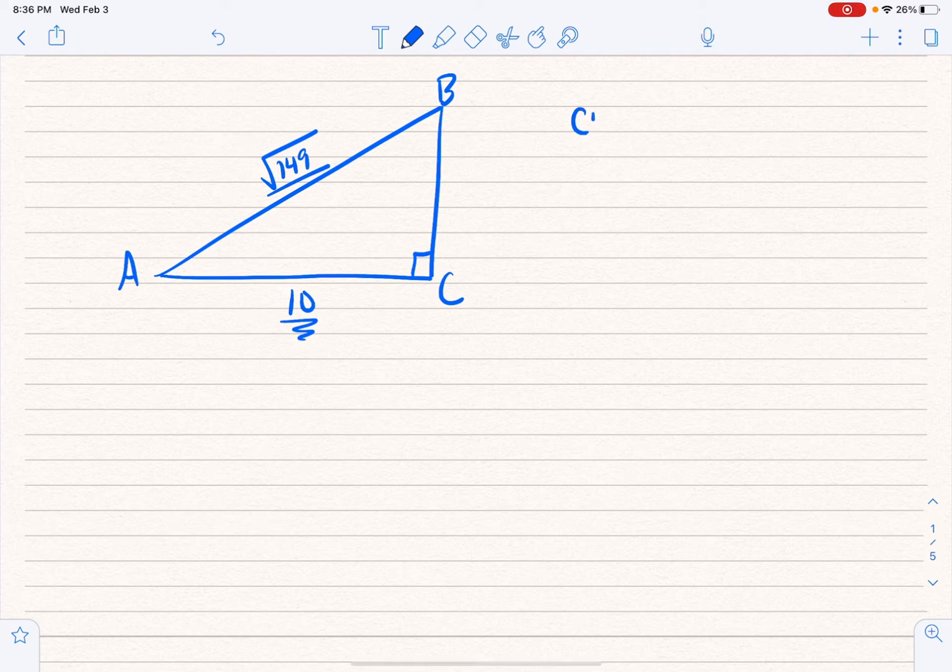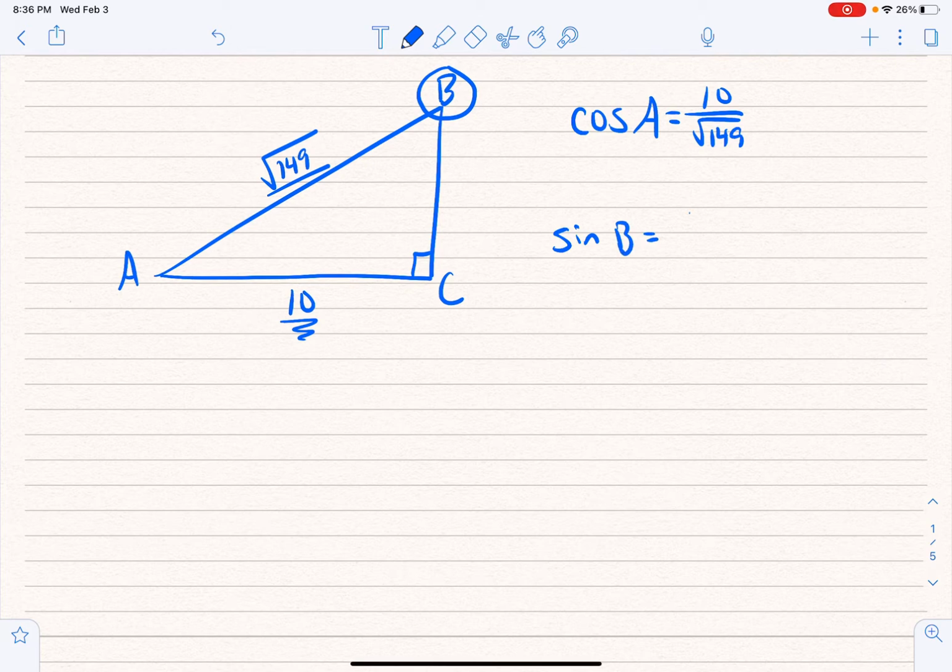So that would be cosine. Cosine of angle A is equal to the adjacent over the hypotenuse, right? Or you could think about it from the perspective of angle B. And you could say sine of angle B is equal to opposite, which would be 10, over hypotenuse, square root of 149. So you could use sine or cosine depending on which angle you want to go after.